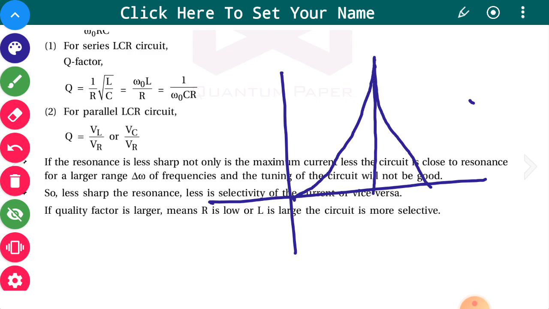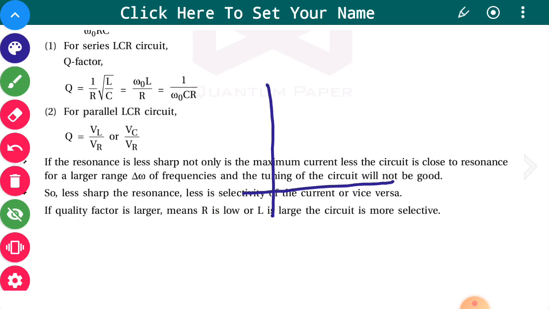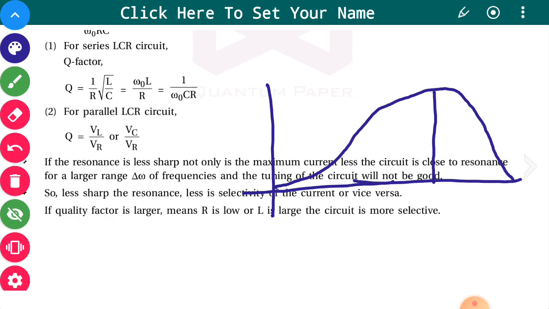At a particular frequency you are having a tuning. But if you have the graph like this, then there is no sharp tuning, and the bandwidth is very high, so you do not have a proper resonance with the external circuit, or tuning will not be proper.